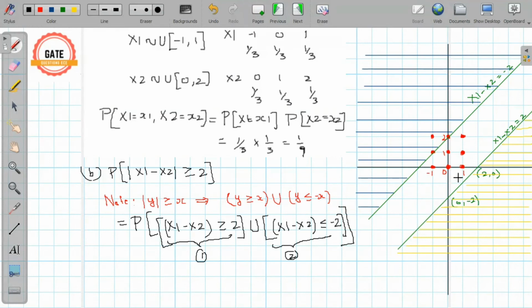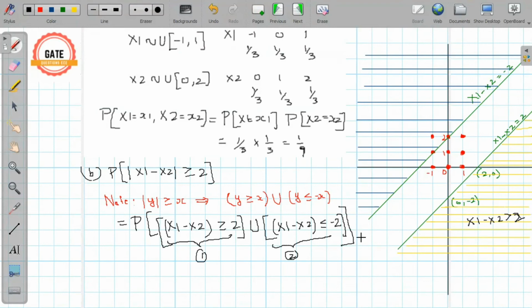In this diagram, this is the line, and x1 minus x2 greater than 2 is the region that I have drawn here with yellow line. So region 1 includes this x1 minus x2 is equal to 2 line as well as this yellow region.